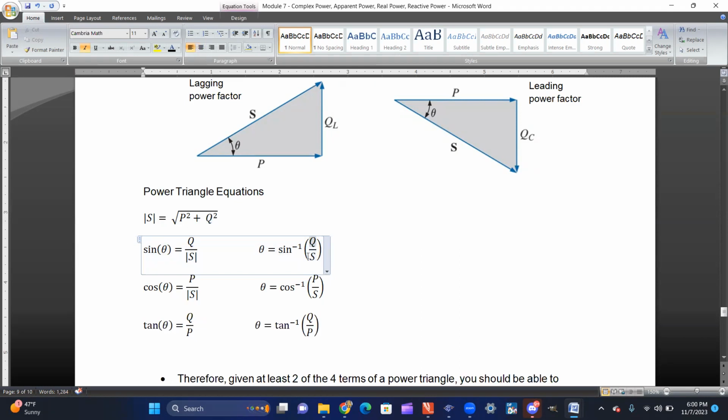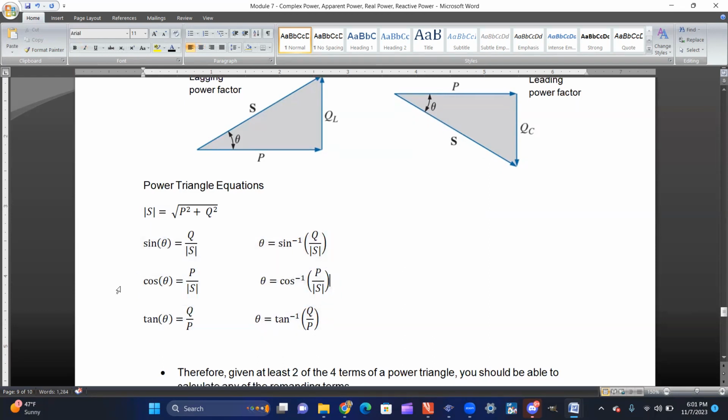So this is pretty much the relationship, the equation that you would need to know in order to solve for one of the other values.